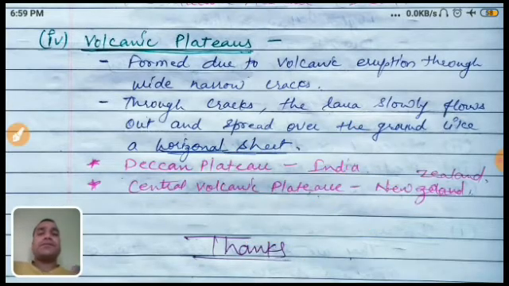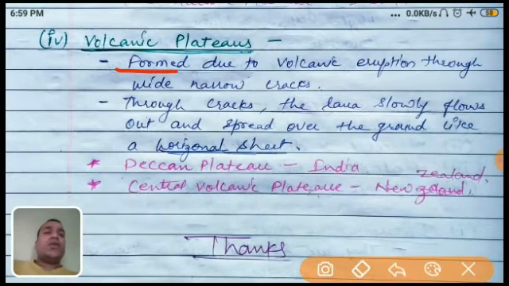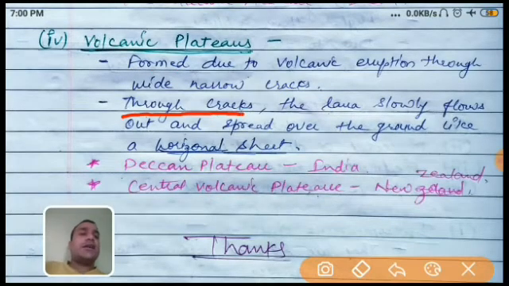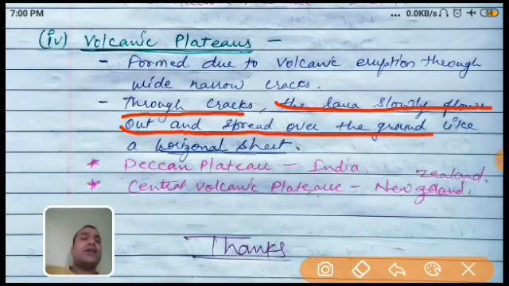Now see, it is formed due to volcanic eruption through wide, narrow cracks. The lava comes through the cracks and spreads. The lava slowly flows out and spreads over the ground like a horizontal sheet.